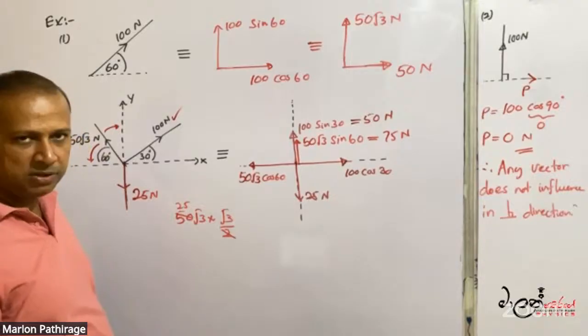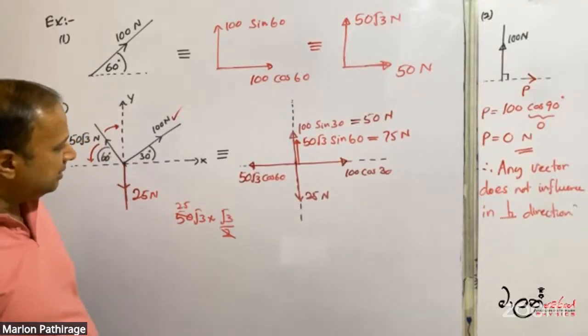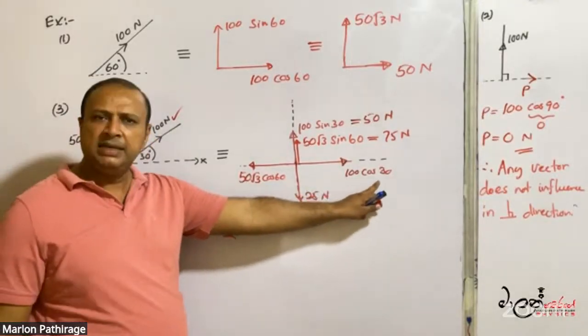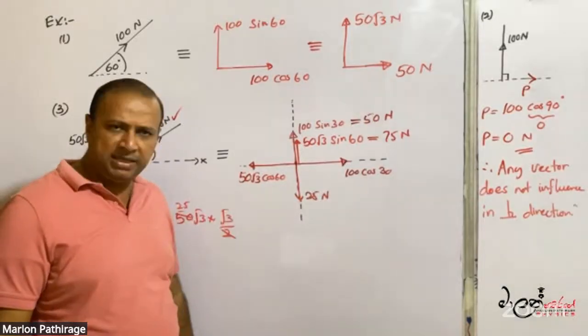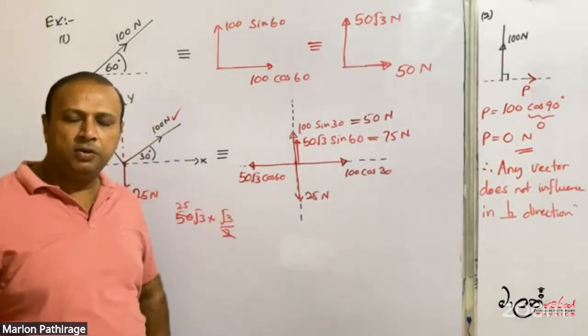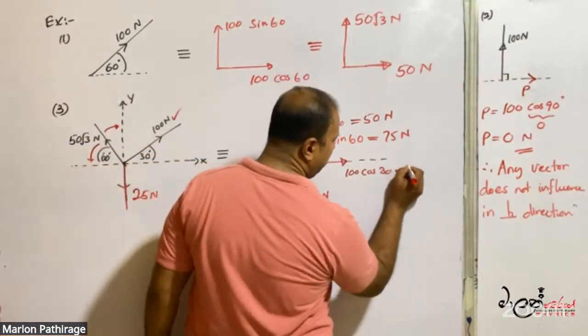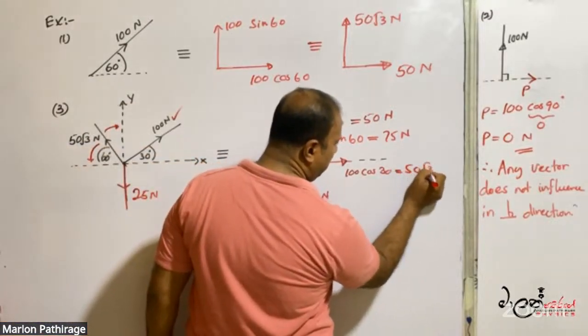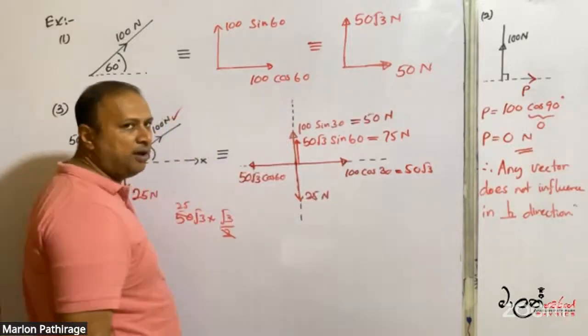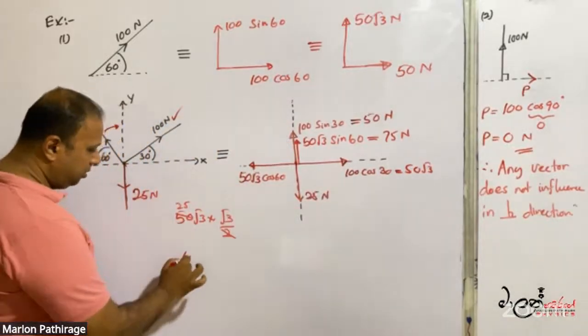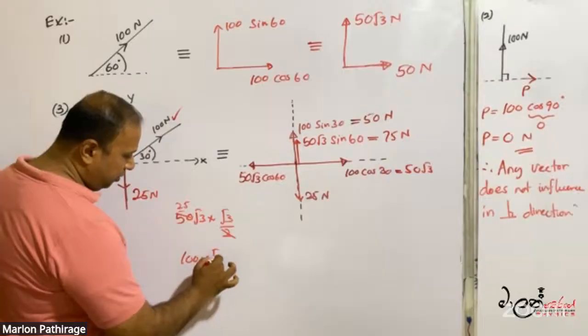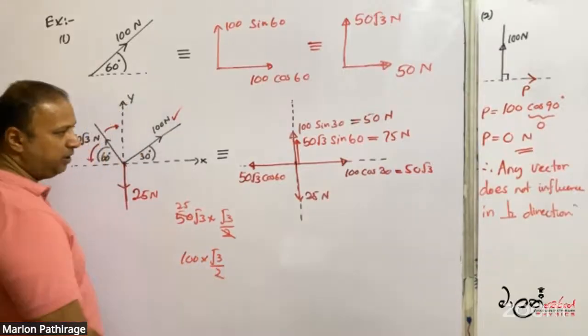And now let us simplify the next one. Cos 30 means root 3 over 2. Therefore, the answer for this one is 100 into root 3 over 2, which means 50 root 3.